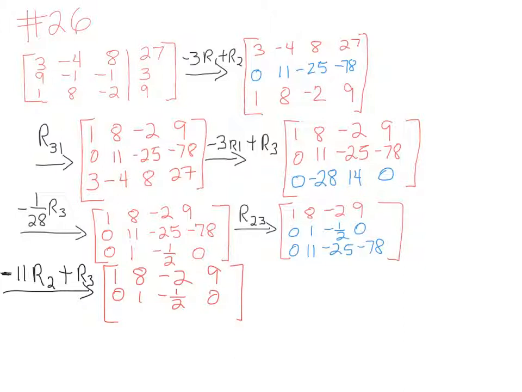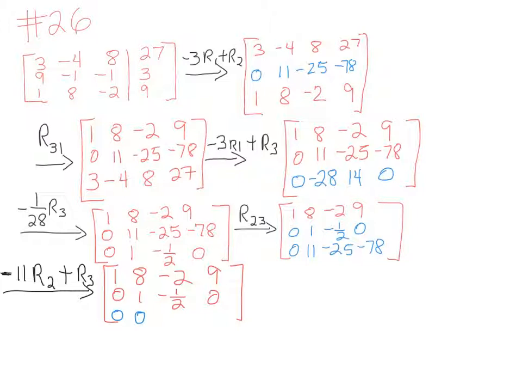The third row is the one that changes. So it's negative 11 times 0 is 0 plus 0 is 0. And then negative 11 times 1 is negative 11 plus 11 is 0. Negative 11 times negative 1/2, that would be positive 5.5. Right? So 25 minus 5.5. Did you get 19.5?